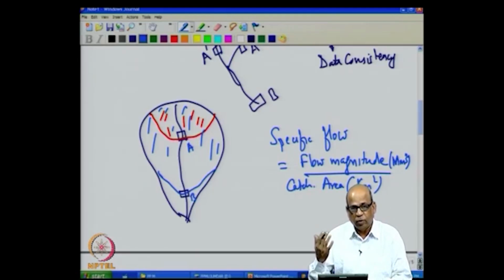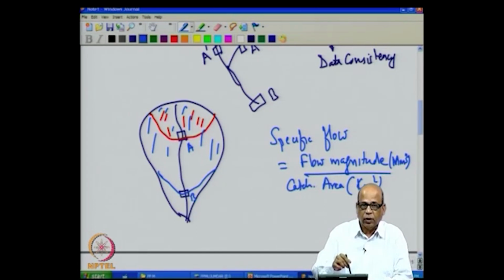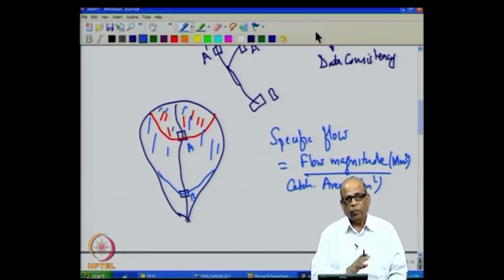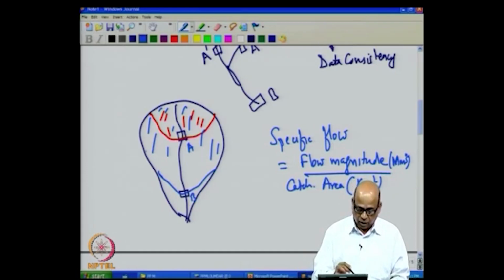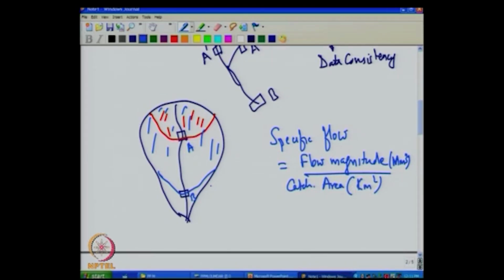If it is perfectly homogeneous in terms of its rainfall, that means the rainfall has occurred uniformly all through the year across the complete catchment, and the runoff generation mechanism is completely uniform in terms of its land use, in terms of the soil, in terms of the antecedent moisture content, and in terms of the vegetation etc. All the catchment characteristics are the same all through the catchment, in which case, because you are putting the same rainfall at B as well as at A, and because the runoff generation mechanism is the same for this catchment shown in red and this entire catchment shown in blue, the specific flow here must be the same as the specific flow here. This is another consistency check that we do.